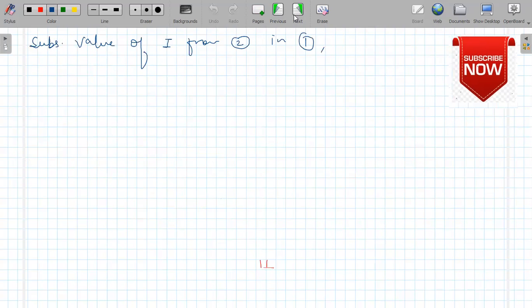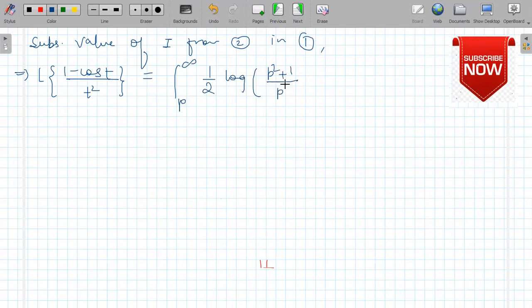Laplace transform of 1 minus cos t divided by t square is equal to integral p to infinity 1 upon 2 log of p square plus 1 divided by p square dp.